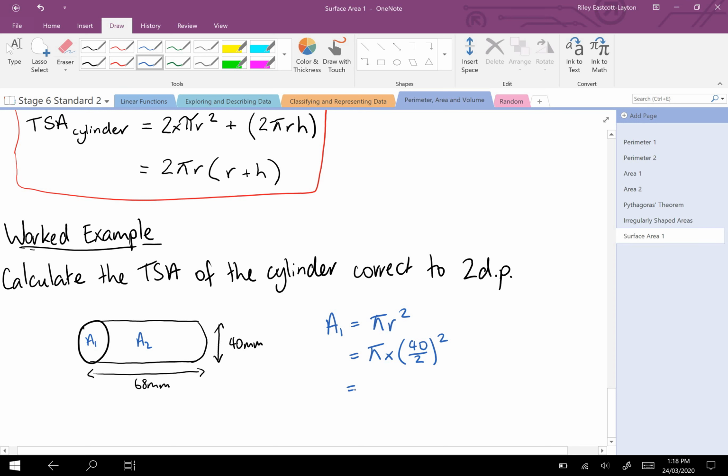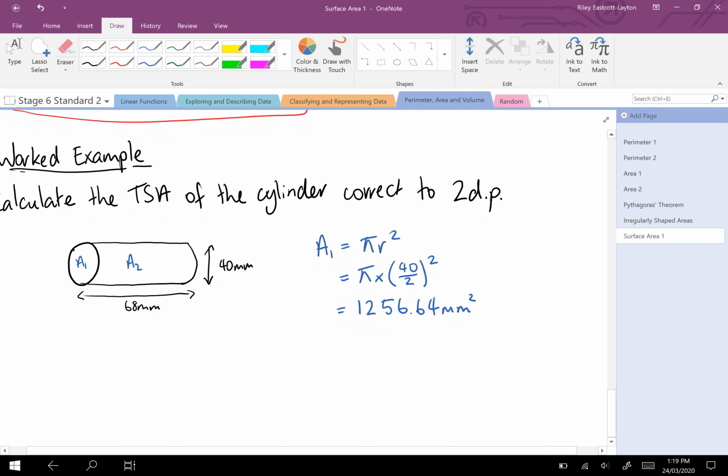Got my calculator here. We chuck it in our calculator. And we get an answer of pi times 40 over 2 squared, 1256.64 millimeters squared.